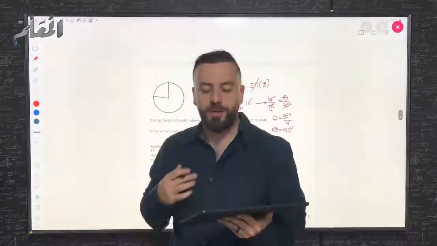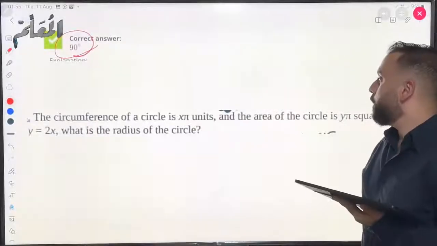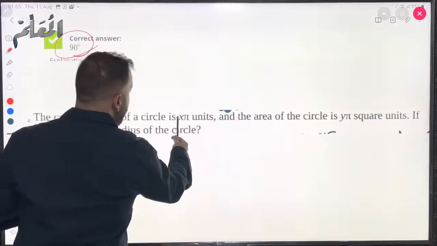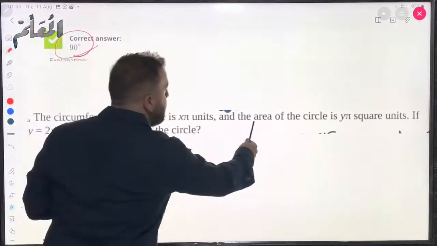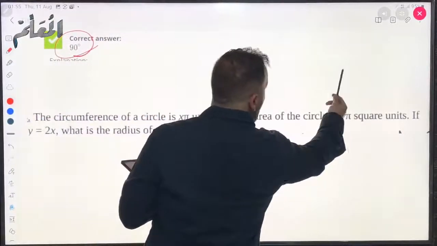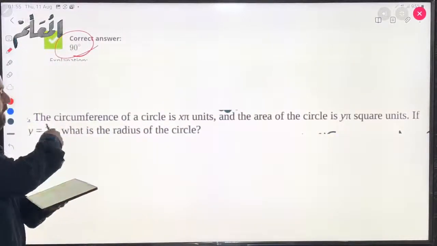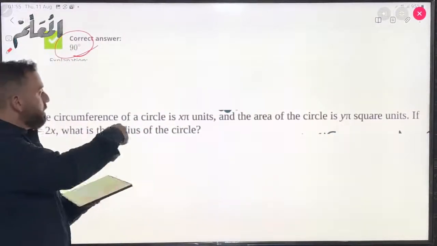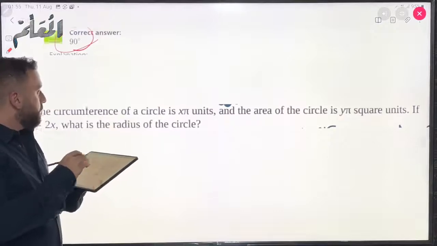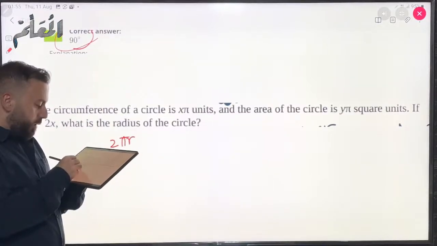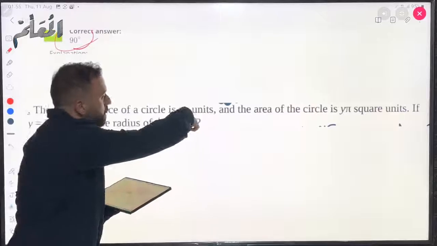Let's go for question 4. The circumference of the circle is x pi units, and the area of the circle is y pi square units. If y is equal to 2x, what is the radius of the circle? The circumference, which means 2 pi r, is equal to x pi.